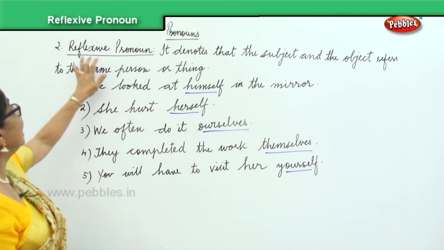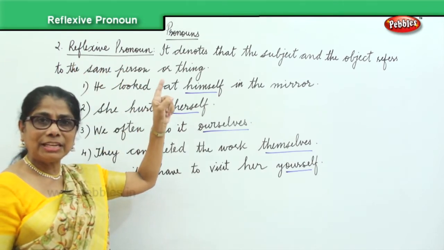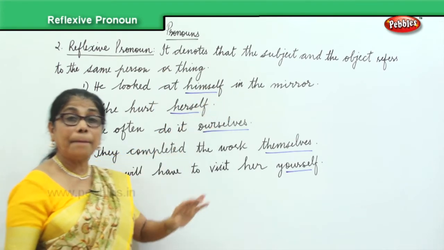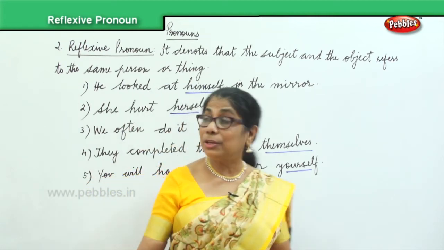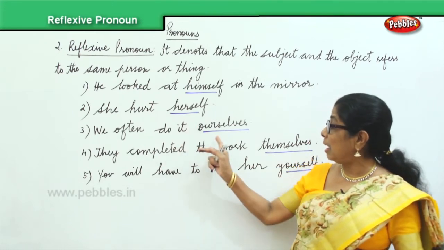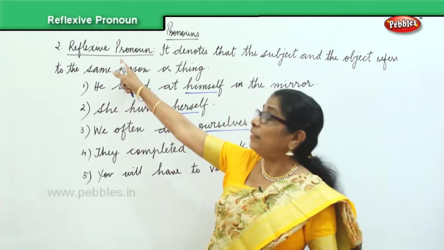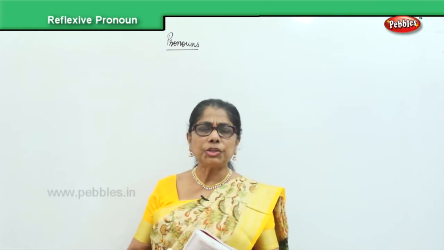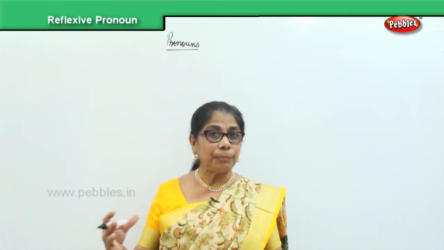All these are reflexive pronouns. When you say reflexive pronoun, the subject and the object both refer to the same person or same thing. They are all reflexive pronouns. We will do a short exercise for us to understand the reflexive pronoun.